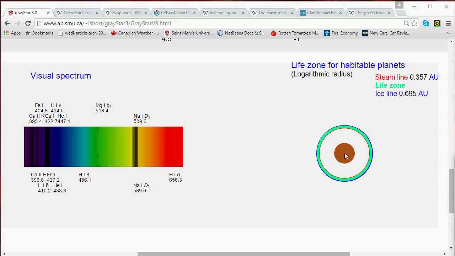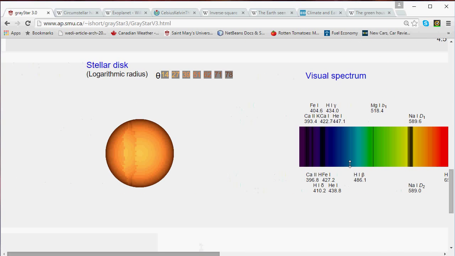Now remember that the central star's luminosity also depends on its radius, not just its effective temperature. And I do want to do just one experiment where we adjust the central star's radius and see what happens. In fact, what I'm going to do is leave the surface temperature here at 3500 Kelvin. So I'm going to leave that alone.